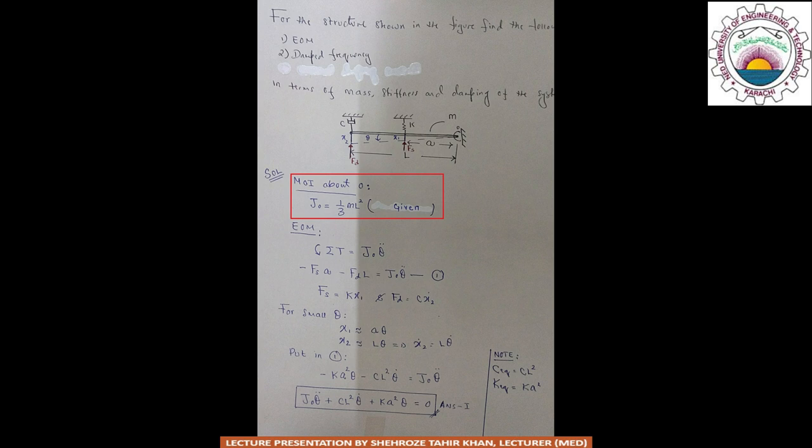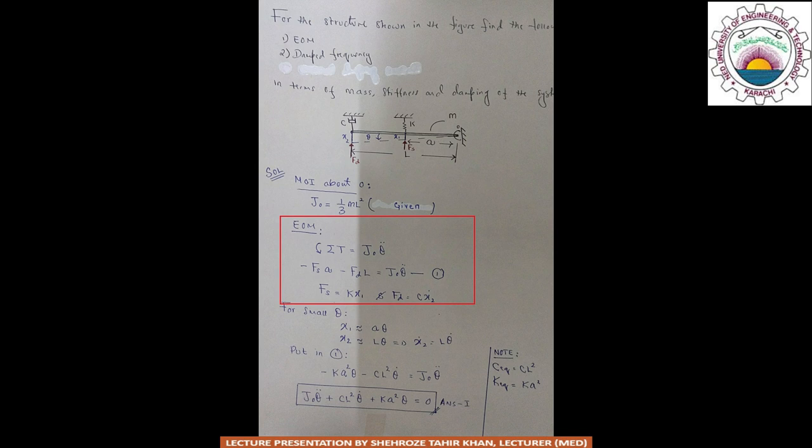Then by applying Newton's second law of motion, we can write: summation T is equal to J naught theta double dot, or minus Fs into A minus Fd into L is equal to J naught theta double dot. This may be called equation 1.